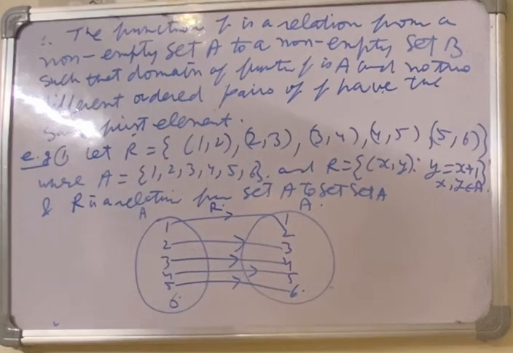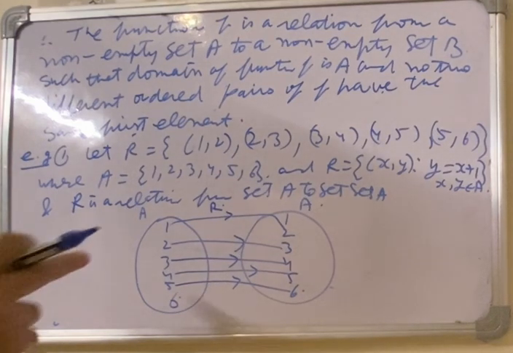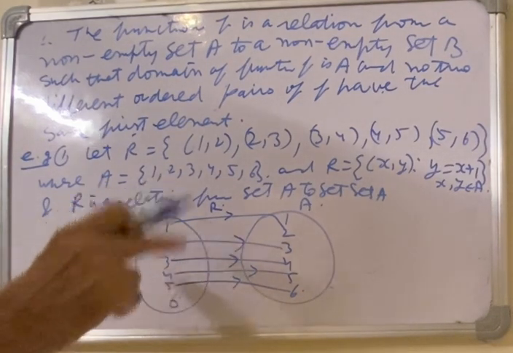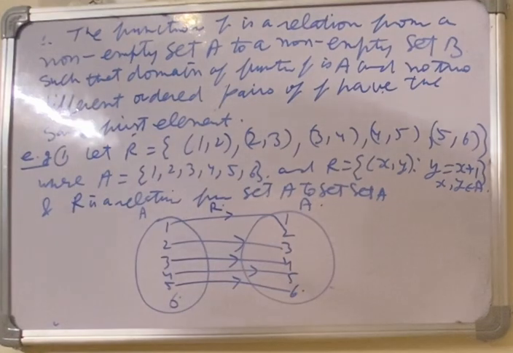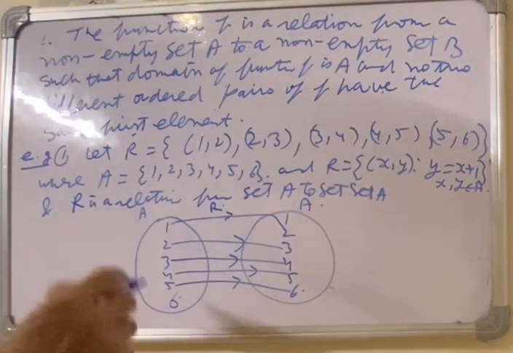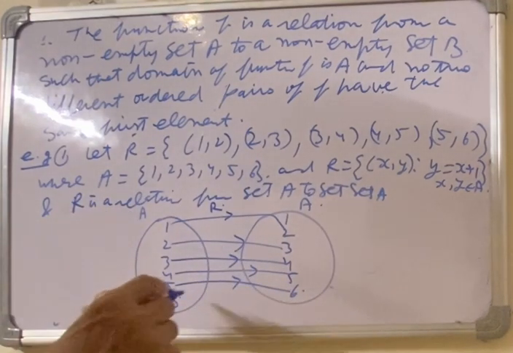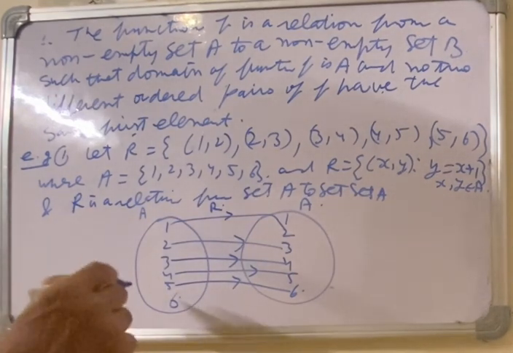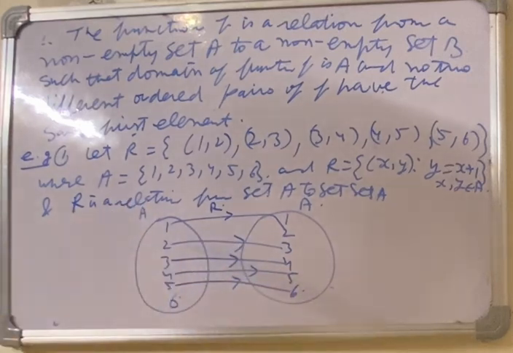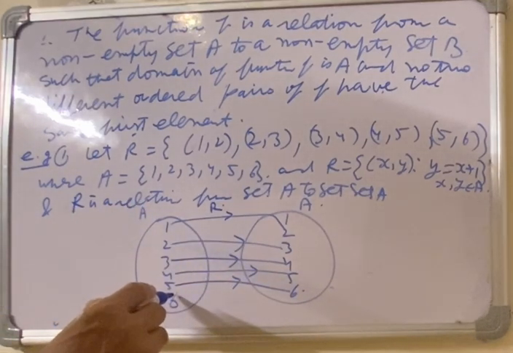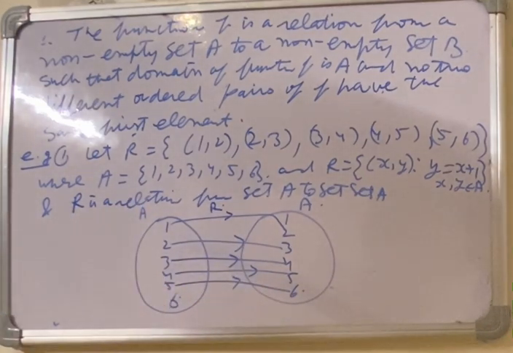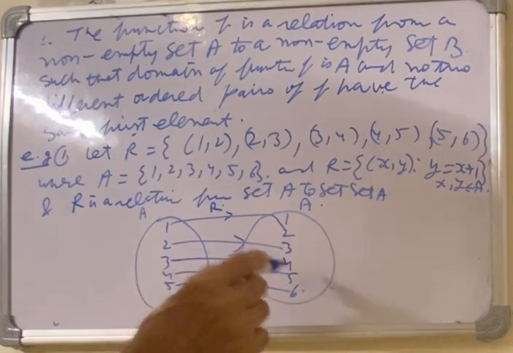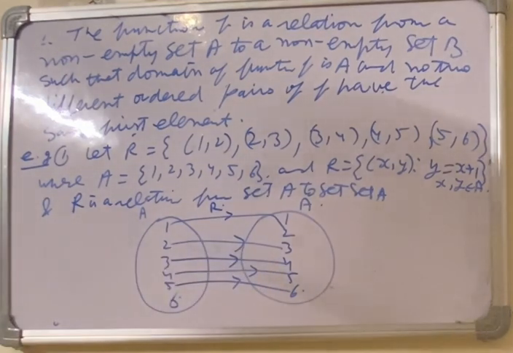Now in the definition, every element of the first set, the domain, must have an image in the second. If even a single element of this first set has no image in set B, then this is not a function.